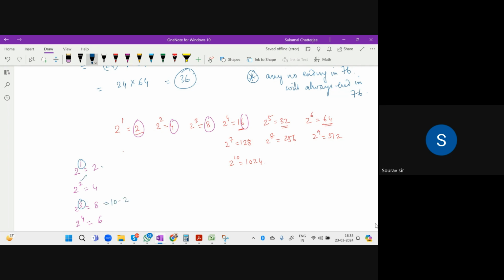This is even power, this is even power, this is 4, this is 6 means 10 minus 4. So if I just remember these two, then I can follow this logic also. That is for the last digit, 2486. Okay?